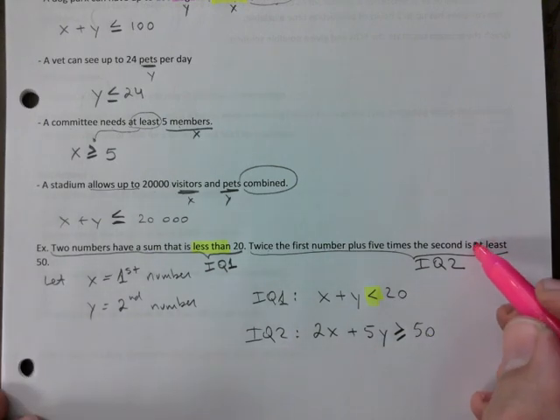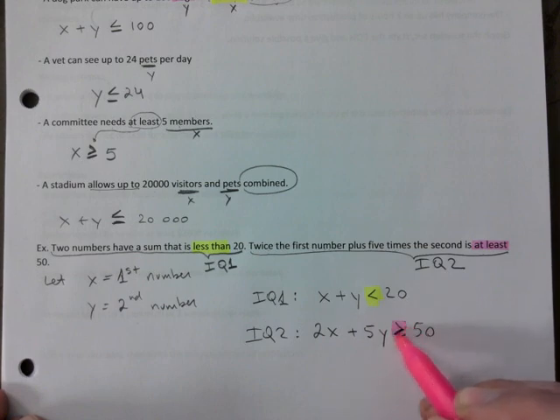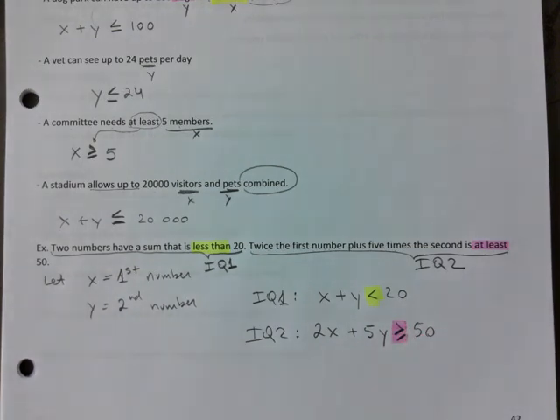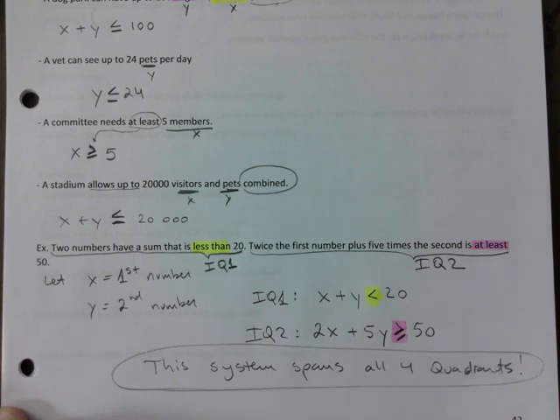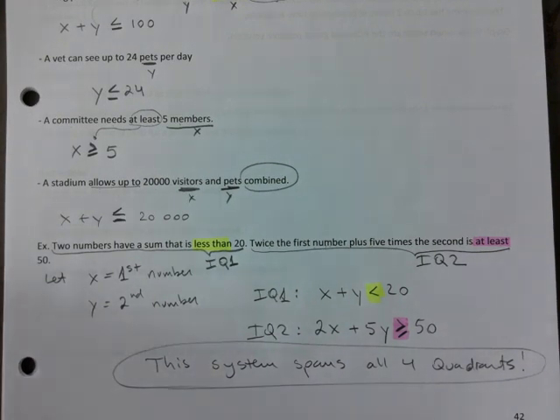So I'm going to highlight at least and put that here. This system spans all 4 quadrants, okay? This one is one where you don't have to worry about an implicit constraint or anything like that, because it actually would go all 4 quadrants in this case.